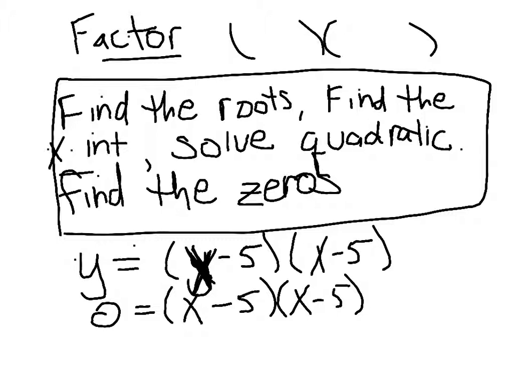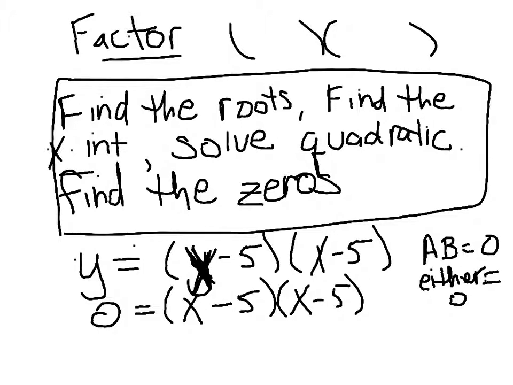Now, remember, if I tell you that some multiplication fact, a times b, equals 0, you can't for sure tell me what a is or b is, but you can tell me that either of them has to equal 0.